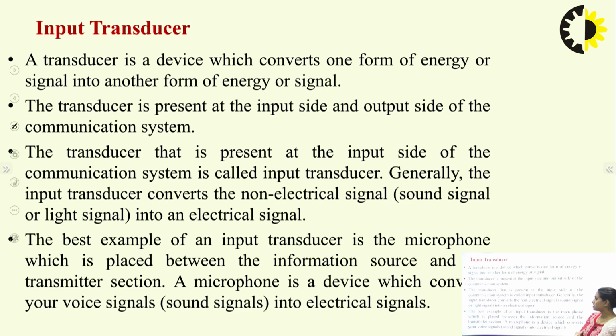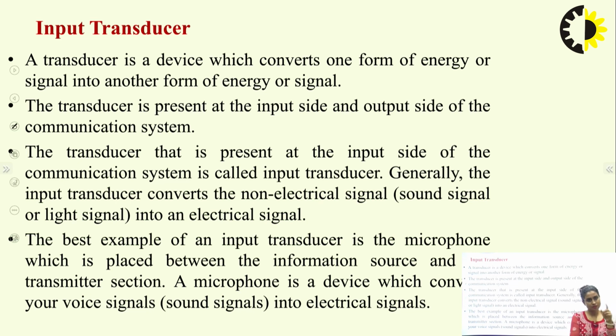Generally, the input transducer converts the non-electrical signal into an electrical signal. Usually, we do actual communication in electrical form, but the information is not in electric form initially. The information is usually audio, video, text or picture.